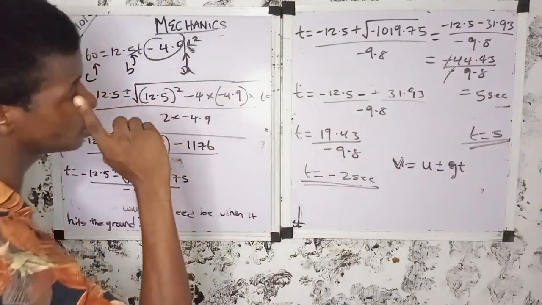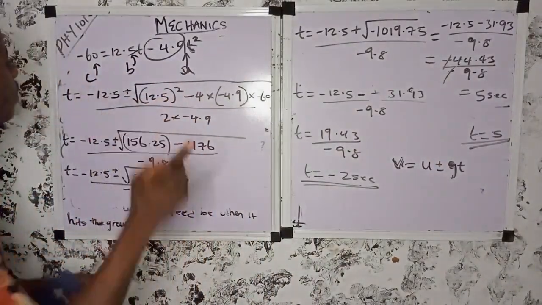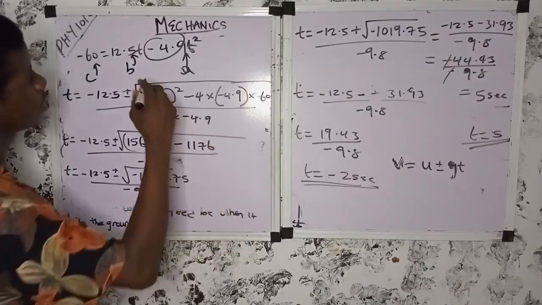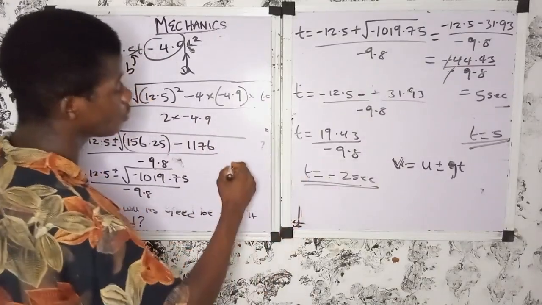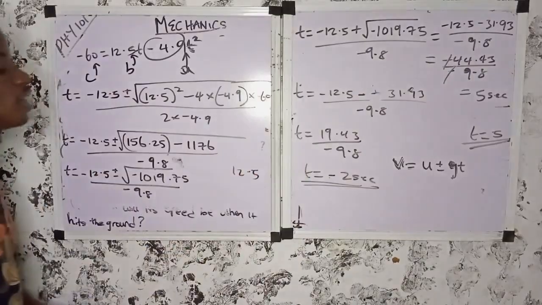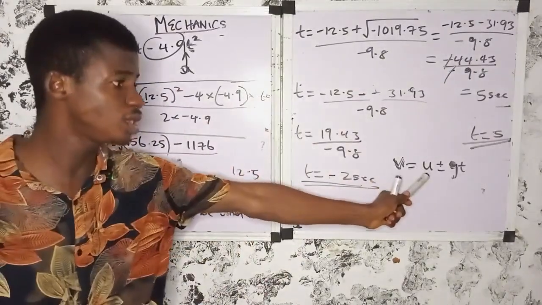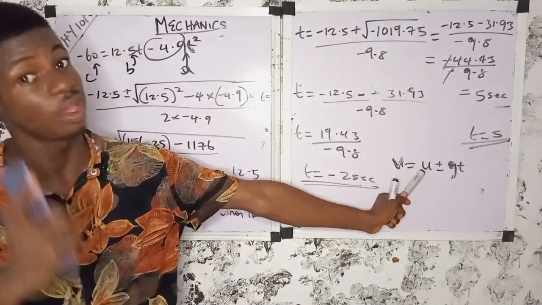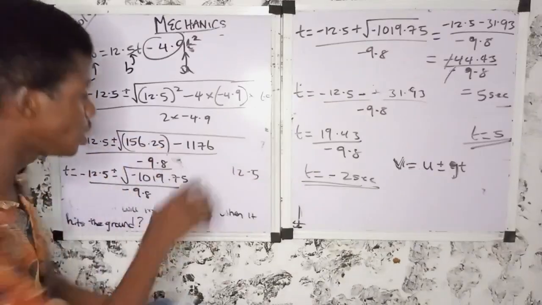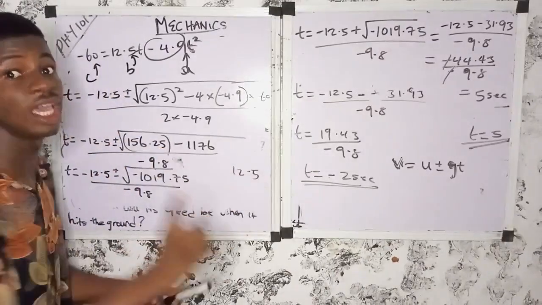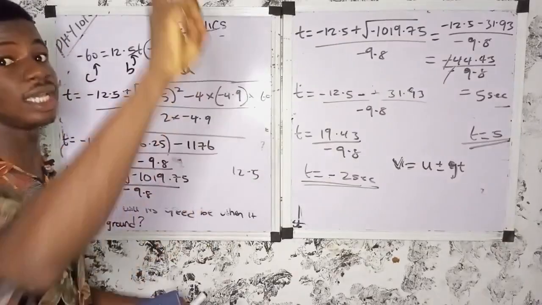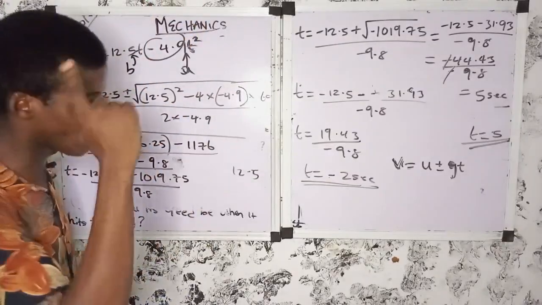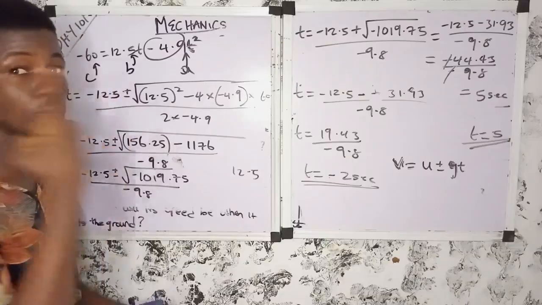Remember, our u is 12.5, the velocity with which the helicopter was ascending.